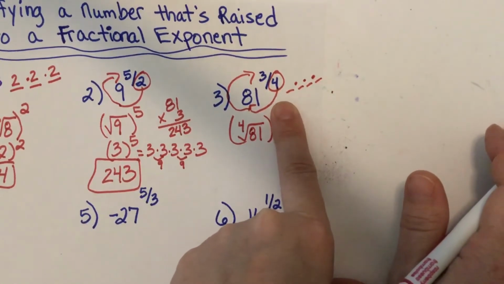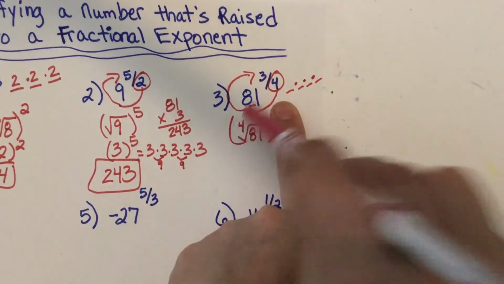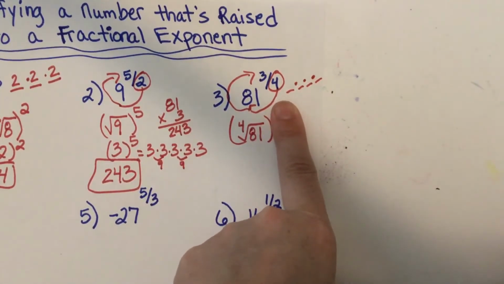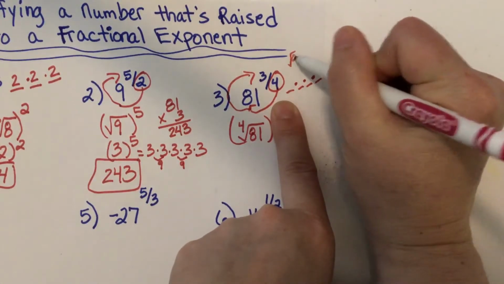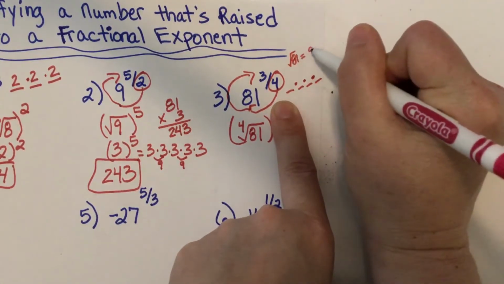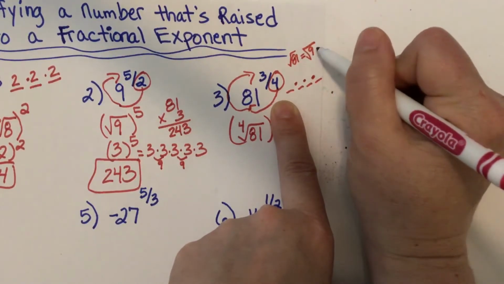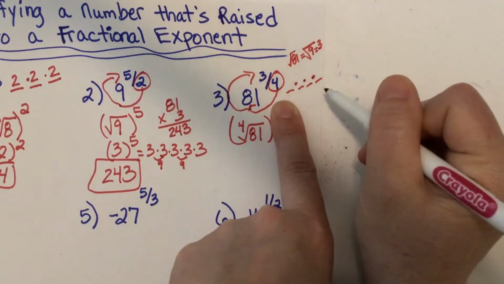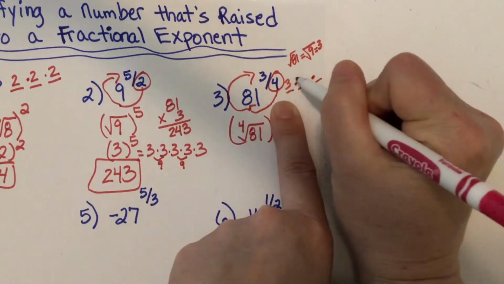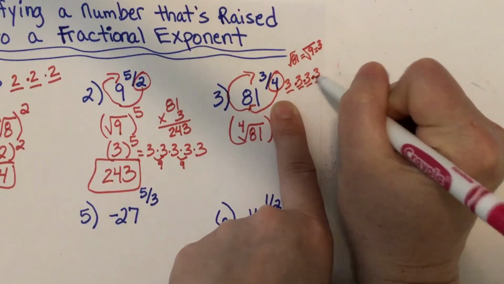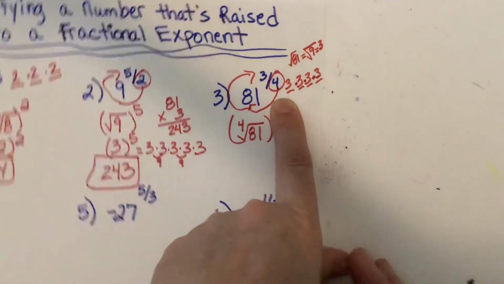Now that might be kind of hard for some of you, so I want to show you a trick with the 4th root. With 4th roots, you take the square root twice. What's the square root of 81? 9. And then what's the square root of 9? 3. So the answer is 3, because 3 times 3 times 3 times 3, 4 times, makes 81.